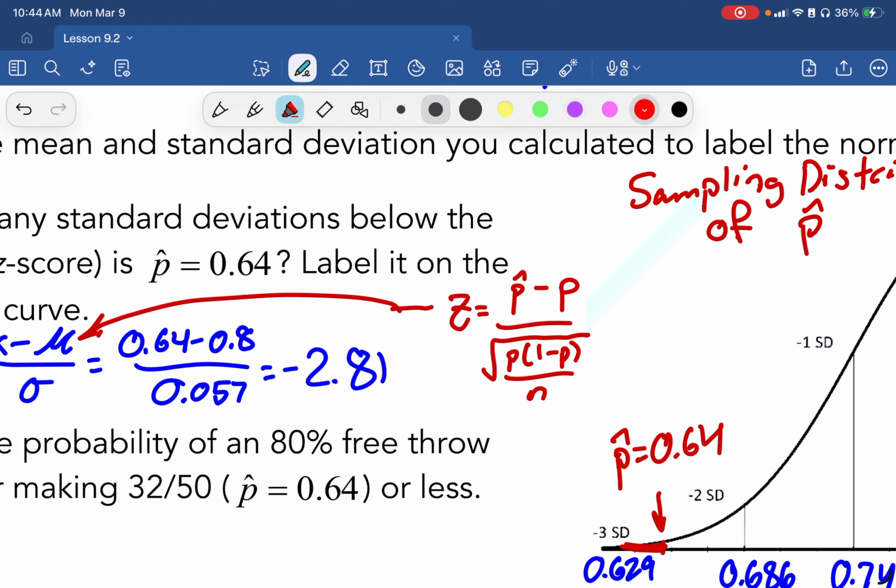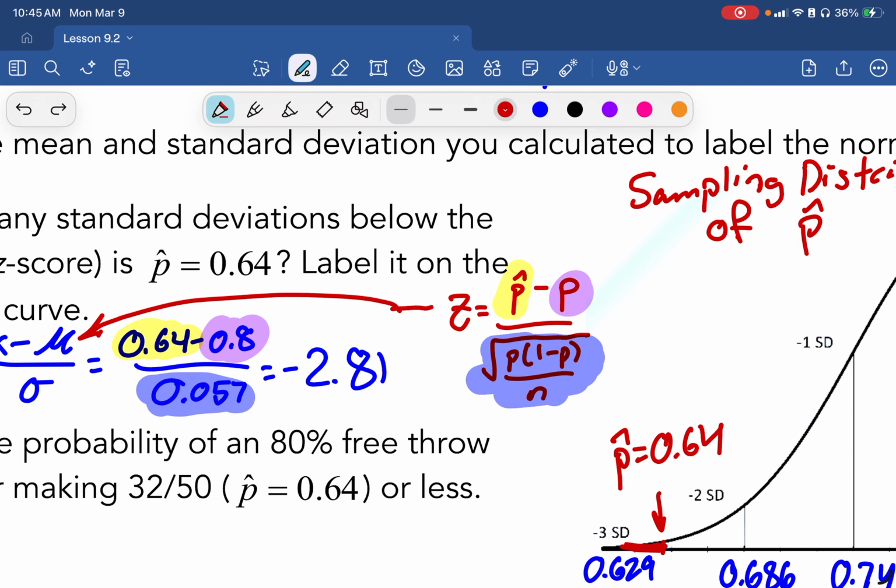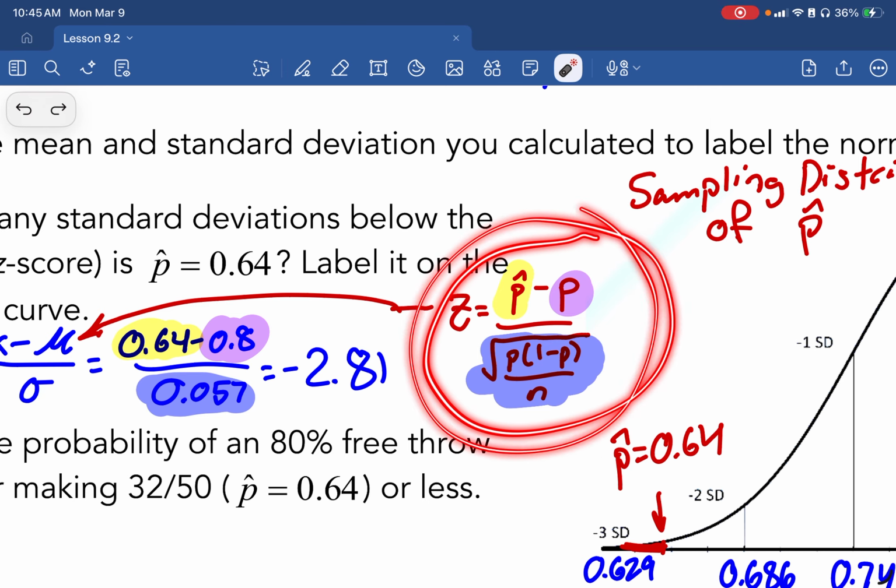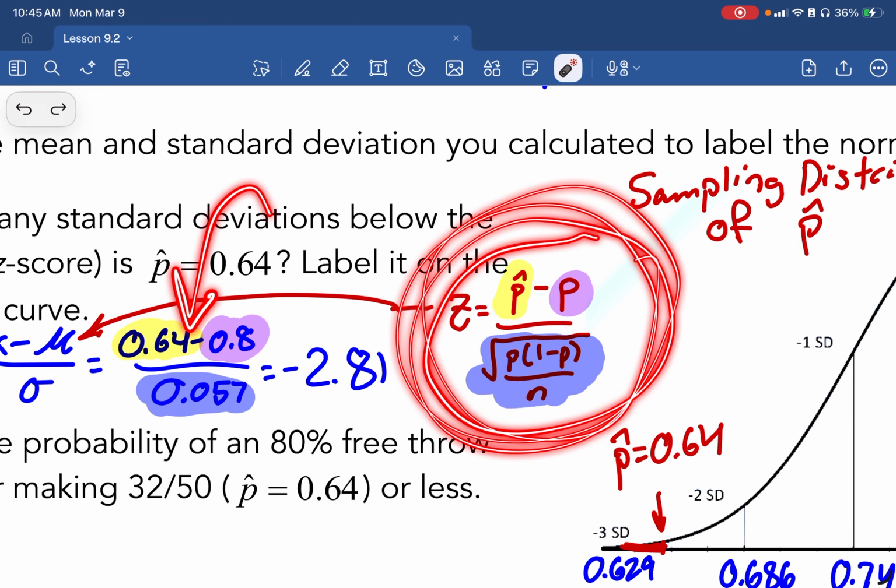I mean, you have here 0.64, that's your p hat, 0.8, that's your p, and then you have the 0.057. That's just the square root in the denominator. So don't let those scare you. This is the math you're doing when you plug in these values.